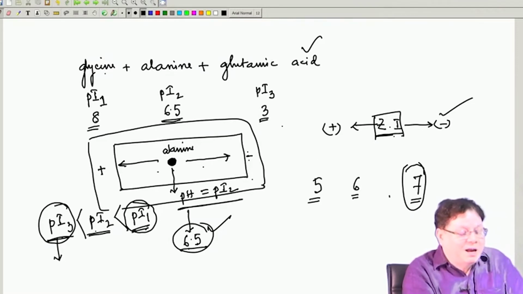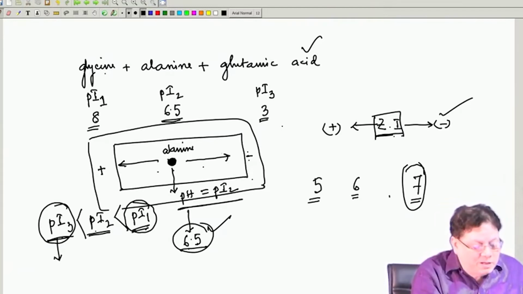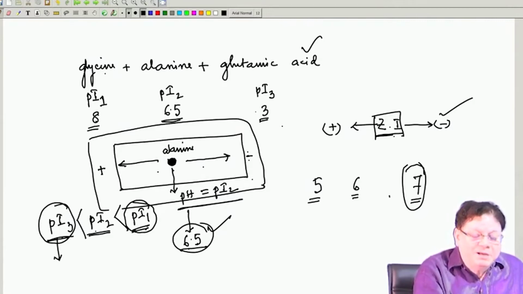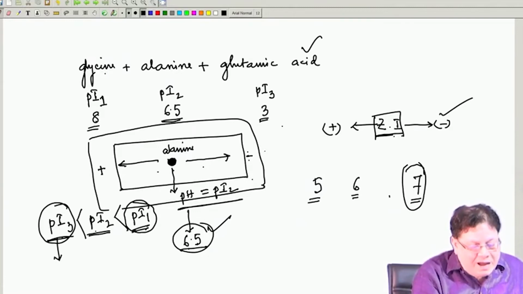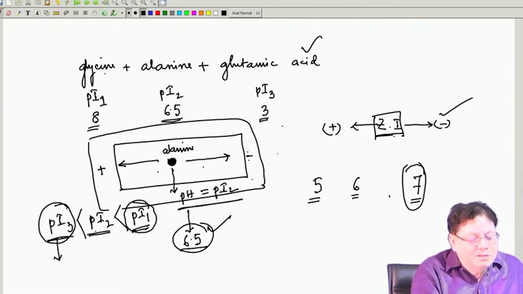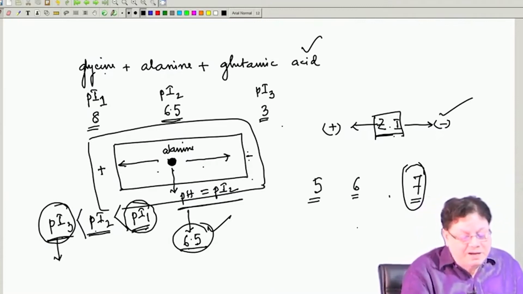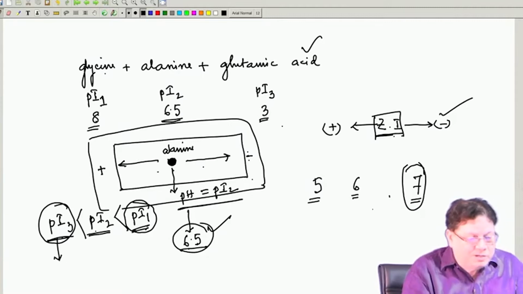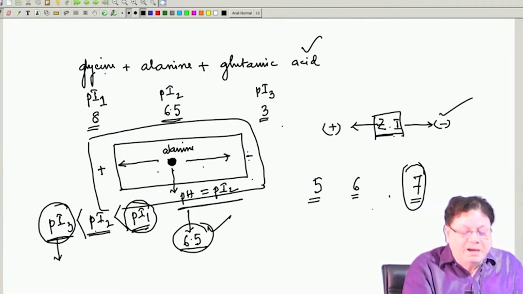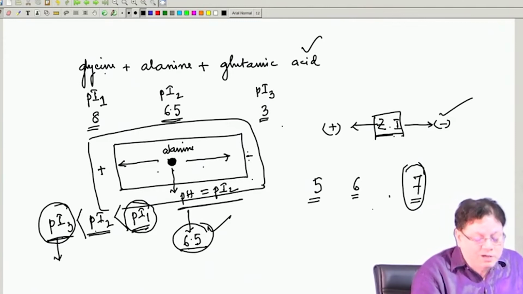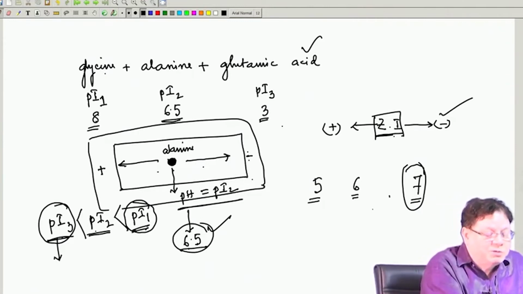Now, what will happen? Alanine, being neutral at 6.5, will not move; it will remain here. What will happen to the other 2? They will remain as charged species. Now, the question is what will be their charges? If the pH is less than the isoelectric point, where the species is neutral, then, in this case, the pH maintained is 6.5 and the isoelectric point of glycine is 8.